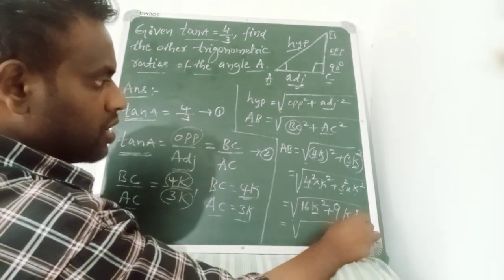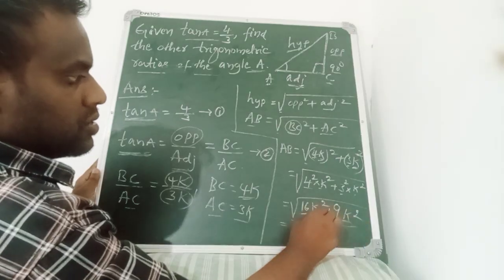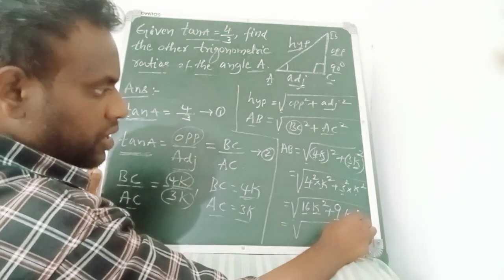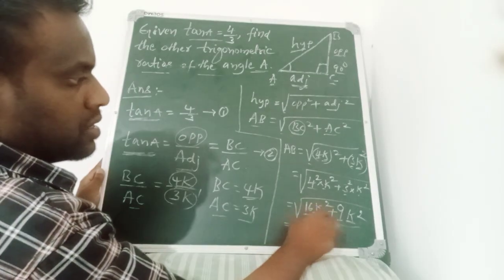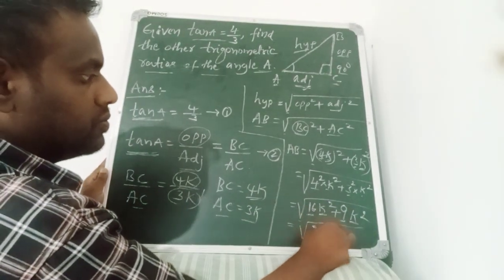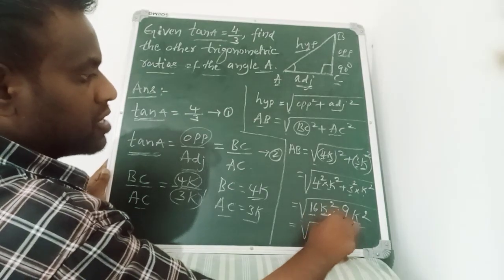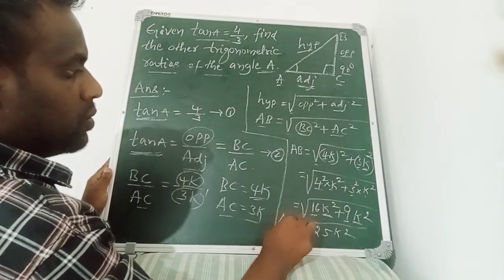Here also k square, here also k square. So we can add these numbers separately, 16 plus 9 is 25, and you keep k square as the common thing. So we got AB is equal to this.